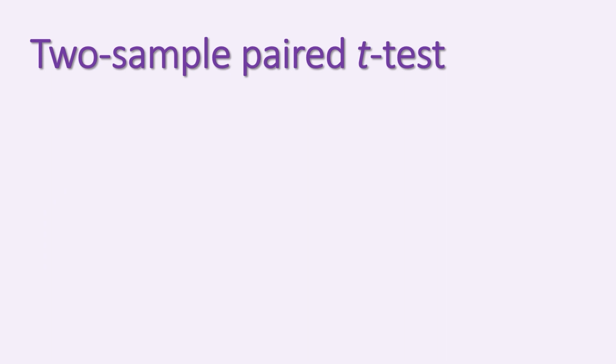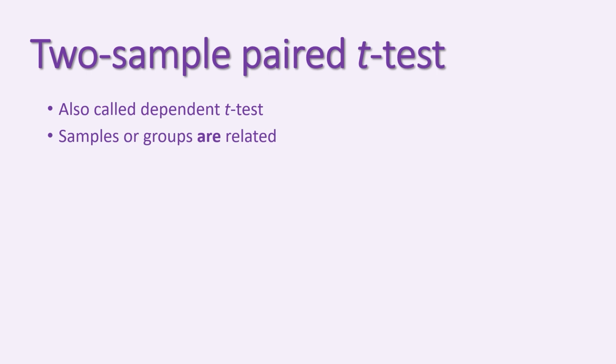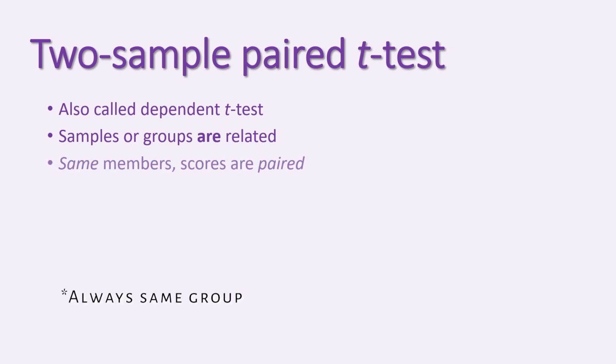And the opposite of that would be when the 2 samples or the 2 groups are related. We use a paired t-test, also called a dependent t-test, which I don't like to use because you know how I feel. And here we're looking at 2 groups, but they're related. All right. Often it's the same group.